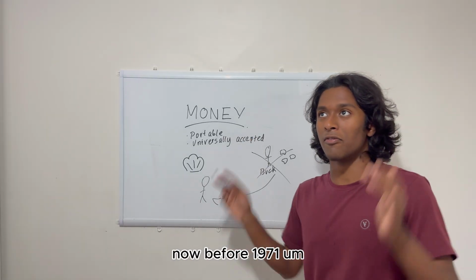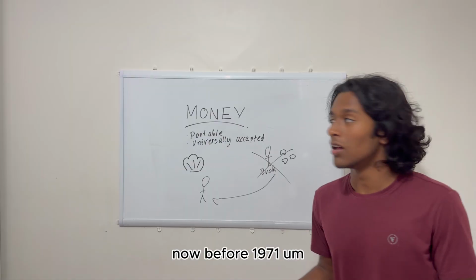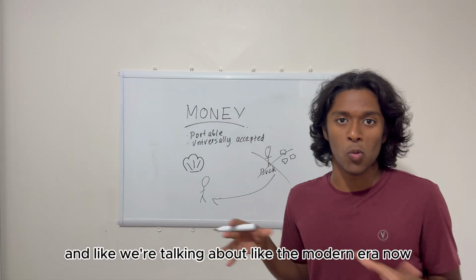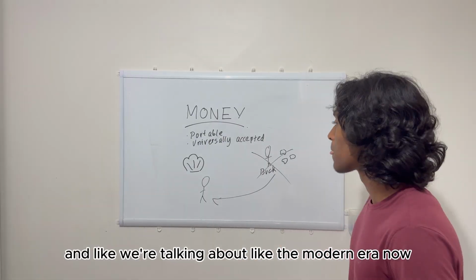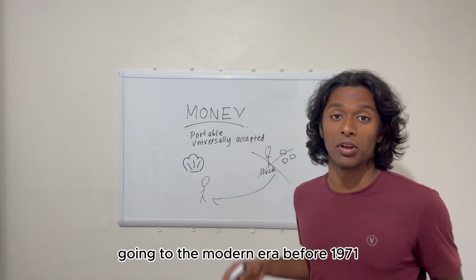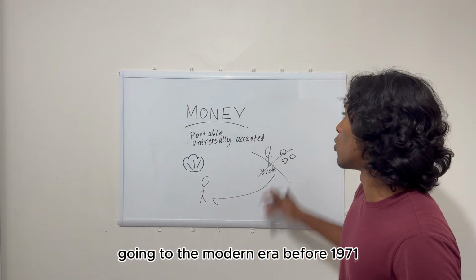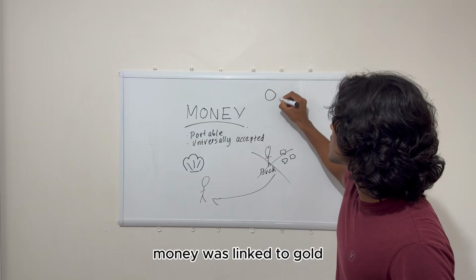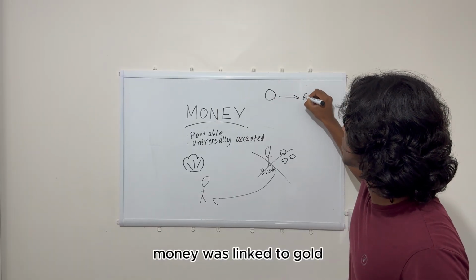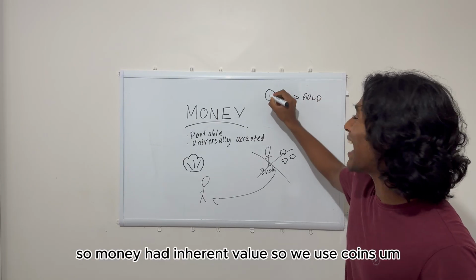Now, before 1971, going to the modern era, money was linked to gold. So money had inherent value.